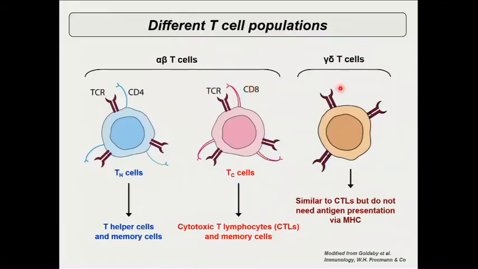But then you will always find something in immunology, and say, we found a population, in this case gamma delta T cells, where neither CD4 nor CD8 assists the T cell receptor to bind something. These have functions similar to cytotoxic T cells, but they do not need antigen presentation by MHC. So they are kind of evolutionarily more old school.